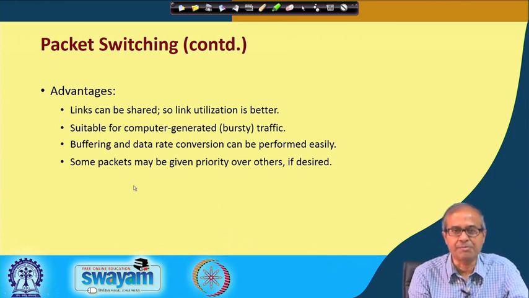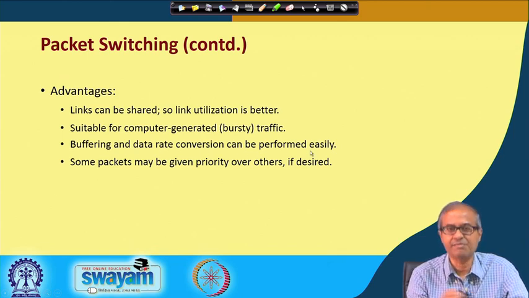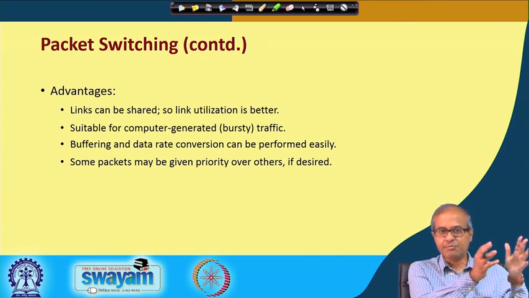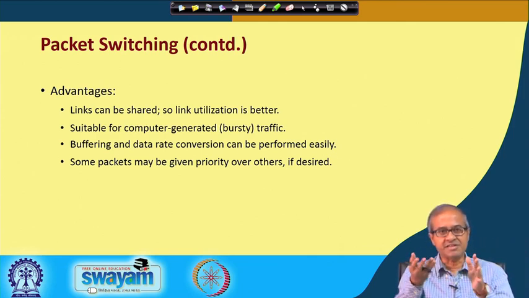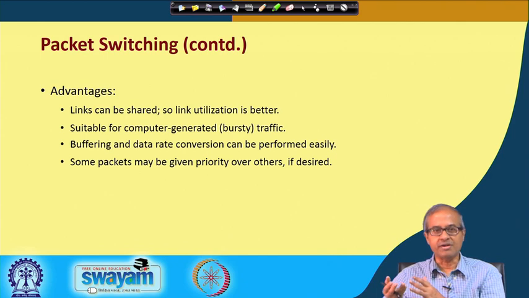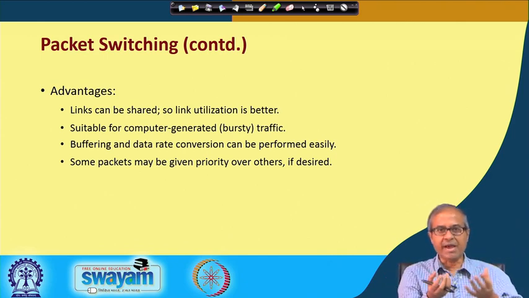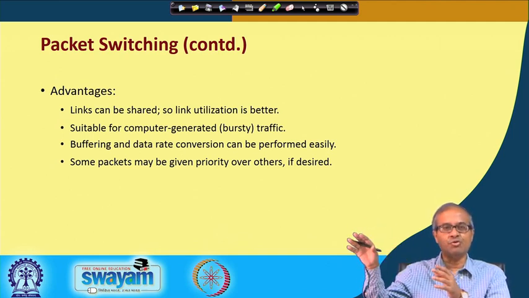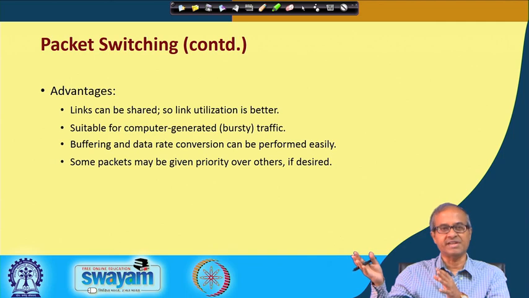And because of the buffer you are using, buffering and data rate conversion can be performed easily. The idea is as follows: suppose the incoming link is faster and the outgoing link is slower. I can collect my packets at a faster rate, store them in a buffer, and then slowly send them to the outgoing link, which has a slower data rate.